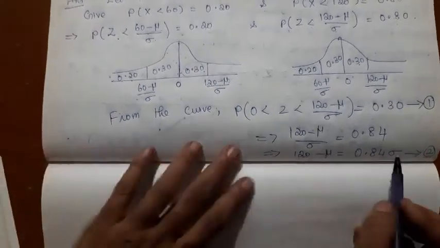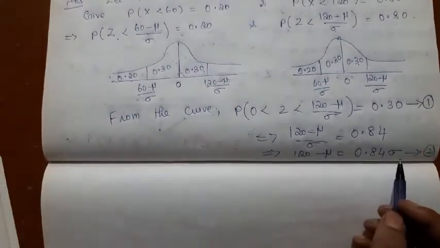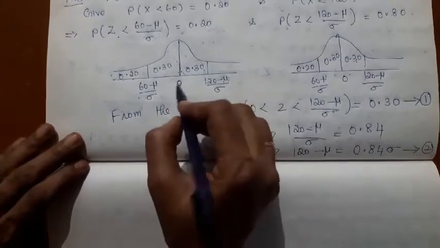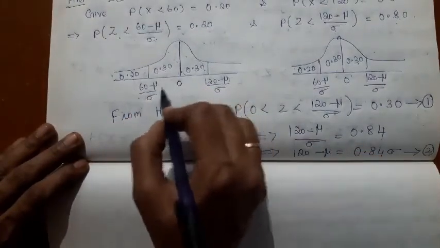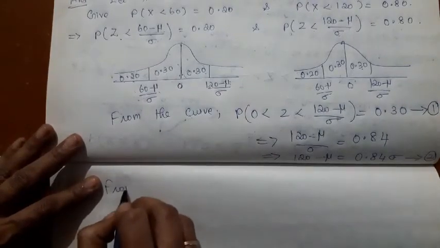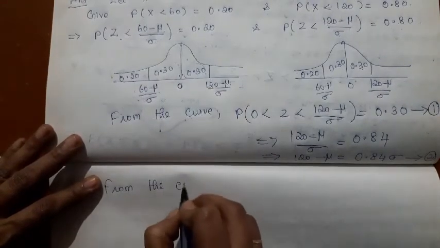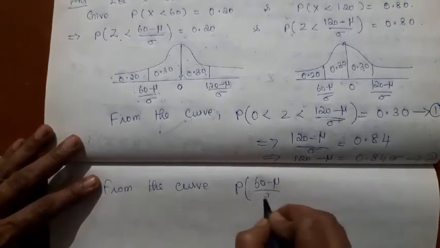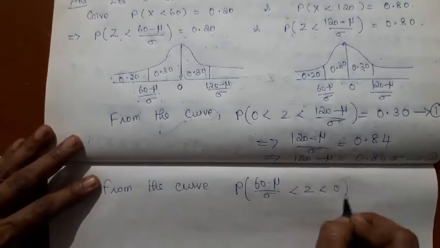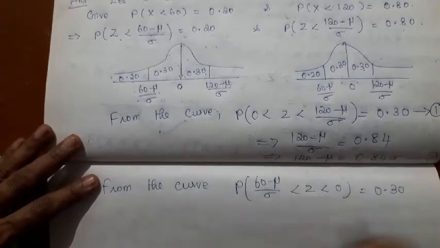Now you have two unknowns, so you need two equations, right? So you take one other piece of information from this graph. The graph says, again from the curve, the probability of (60 minus mu) by sigma less than z less than 0 is 0.30.